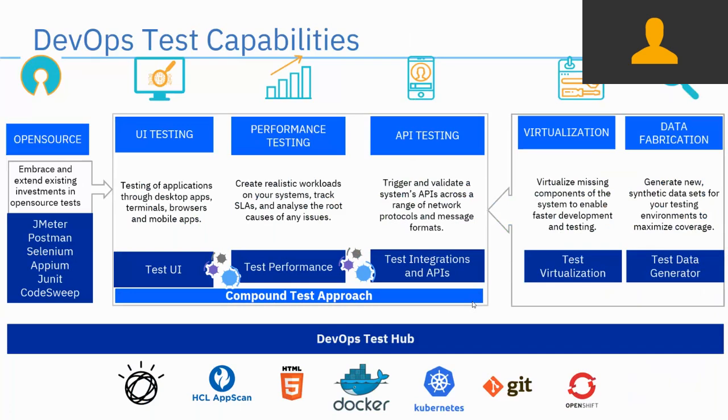So about the testing capability, we said that we can import the open source. We can have UI testing, performance testing, API testing. We can mix those tests to have a compound test approach, where we can have UI testing, performance testing, and API testing all together in a suite, and where we can have logic added to be able to have a real test of a platform that has all those dimensions in it.